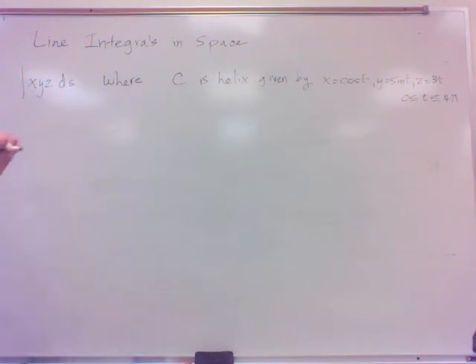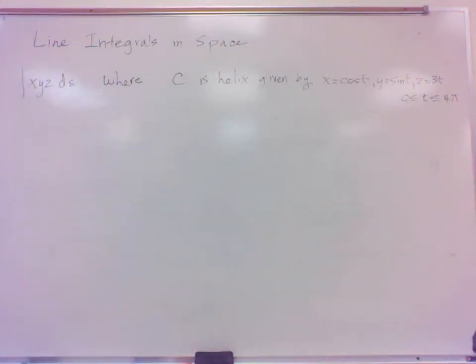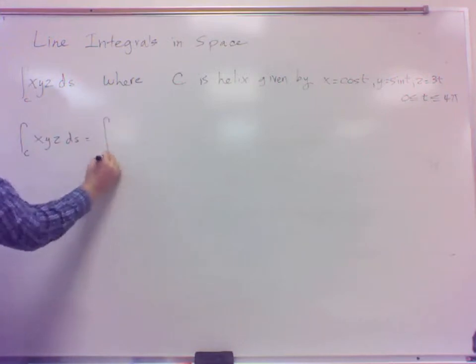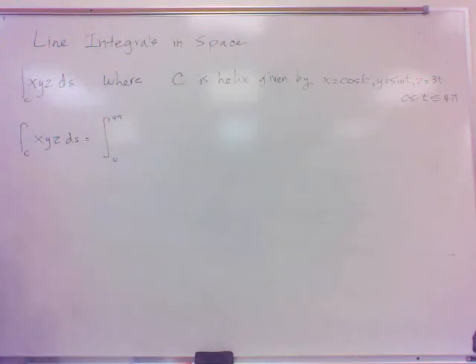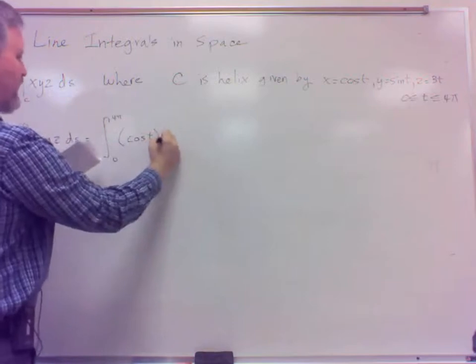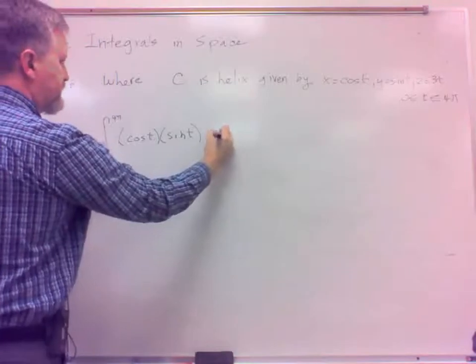Okay, so we've already got our parameterization, so we don't have that step in this case. We can just go right to our calculation here. All right, and so our first step, 0 to 4 pi is our parameter limits. X is cosine t, y is sine t, and then z is 3t.